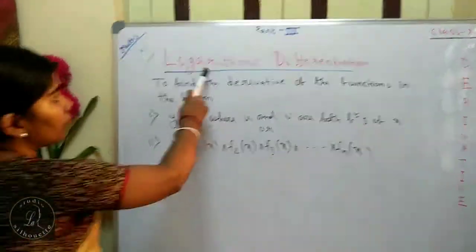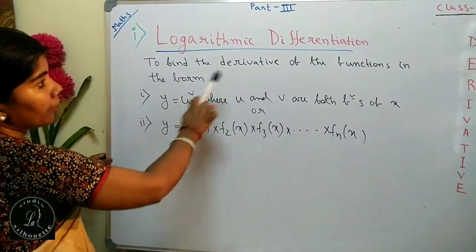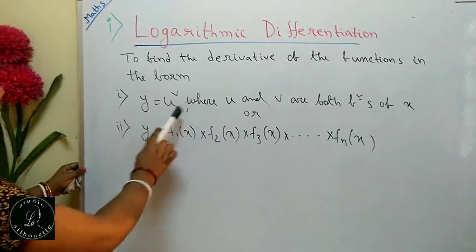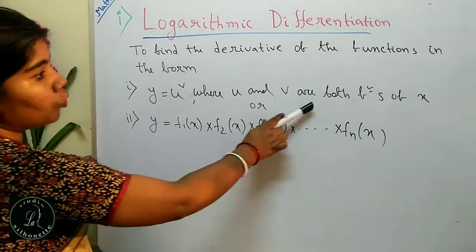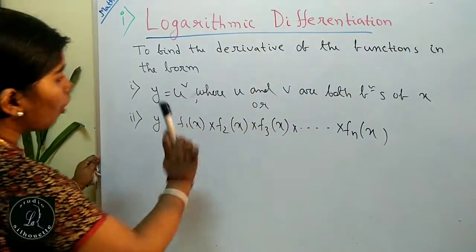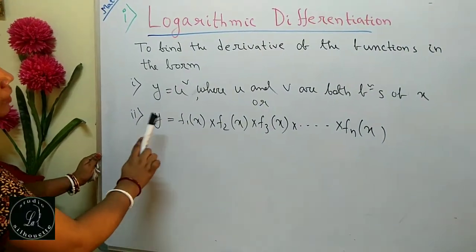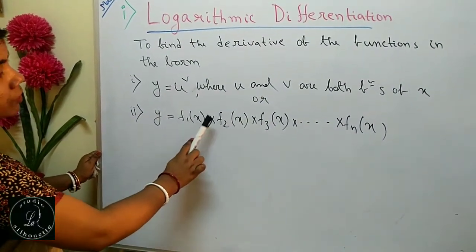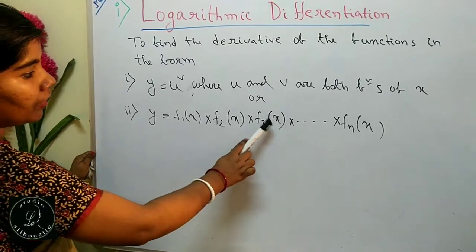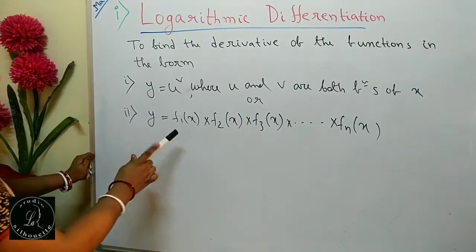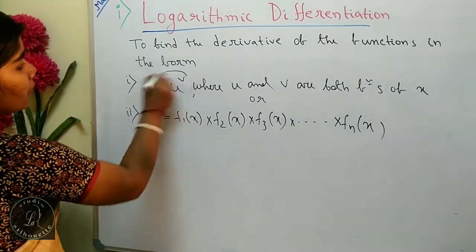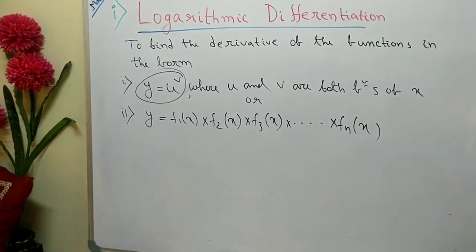We will use logarithmic differentiation where the function is in the form of y equal to u to the power v, where u and v are both functions of x, or where the function y is of the form f1(x) into f2(x) into f3(x) into ... into fn(x).